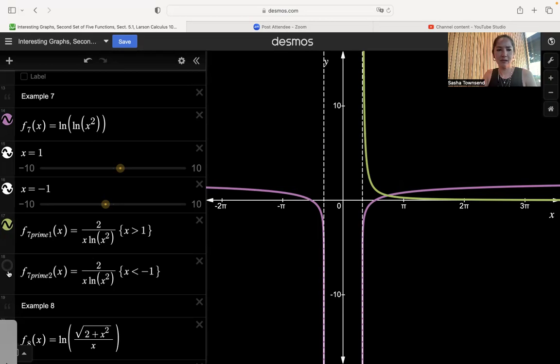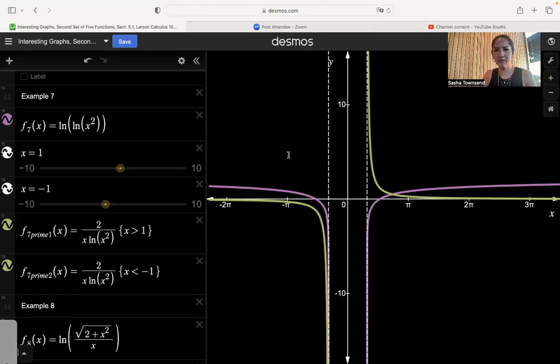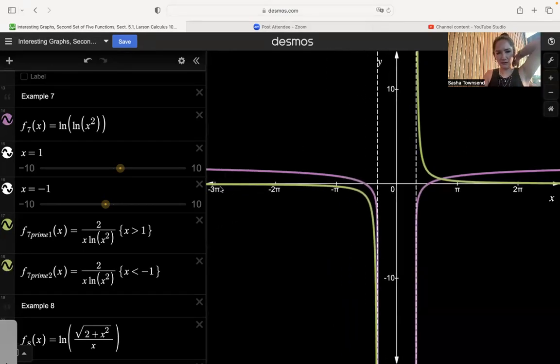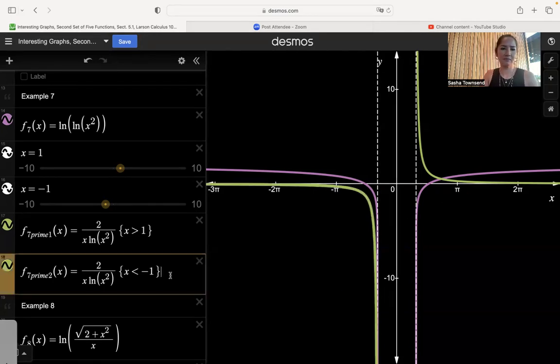And it has the same formula on the other side. We see the first derivative is negative here where the function is decreasing. The first derivative, that's the green graph, is positive when the purple function is increasing.